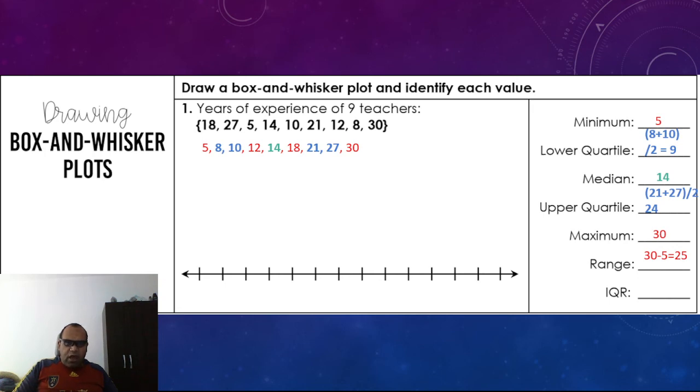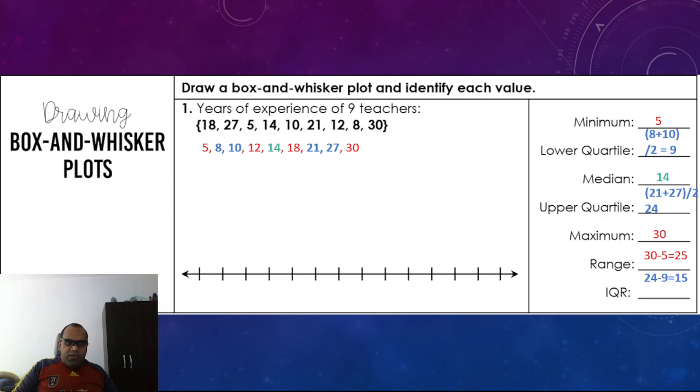It is the upper quartile, 24, minus the lower quartile. Who is the lower quartile? 24 minus 9, which equals 15. Here is my interquartile range.